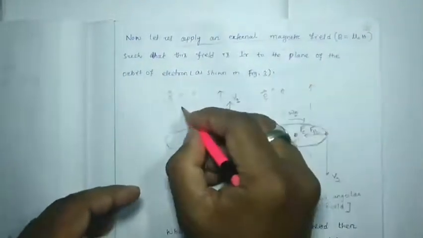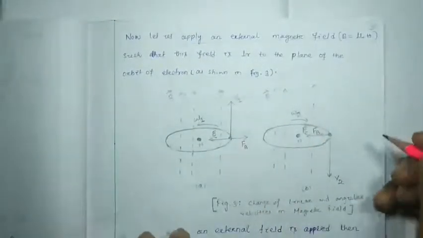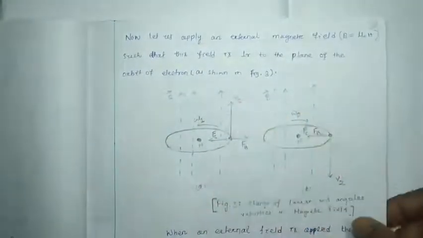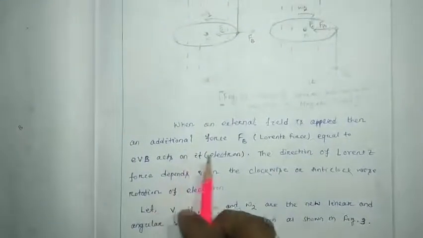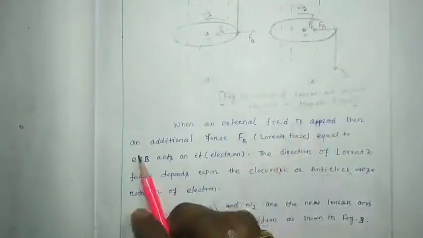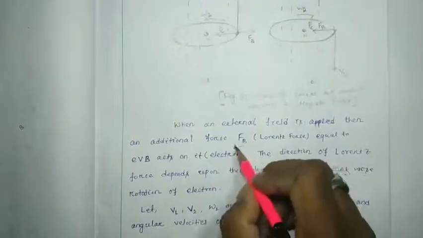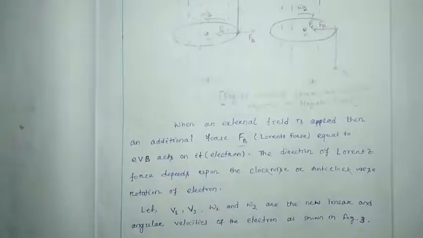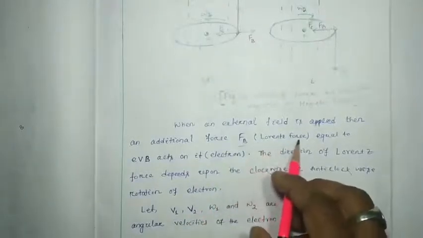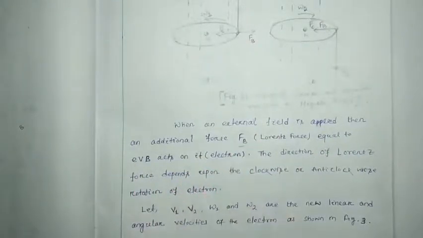The dotted line shows the applied magnetic field. When an external magnetic field is applied, an additional force FB, the force due to the magnetic field on the charged particle, or the so-called Lorentz force, equal in magnitude to eVB, acts on the electron.